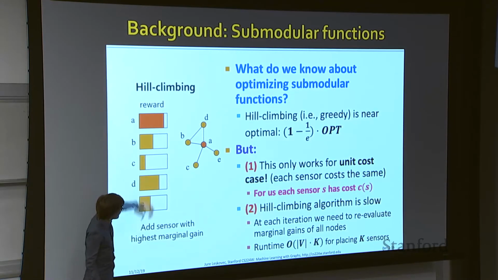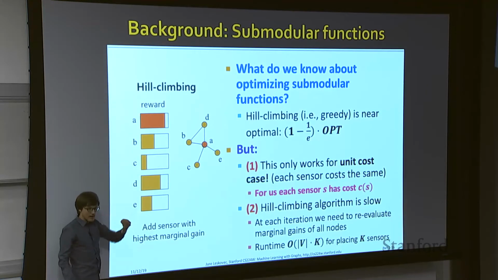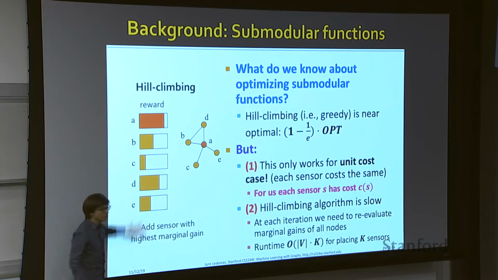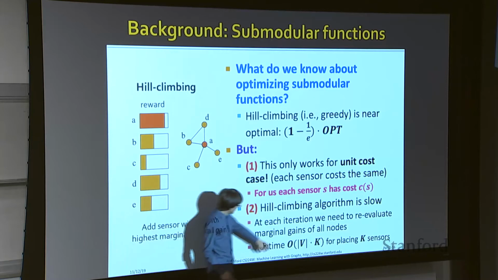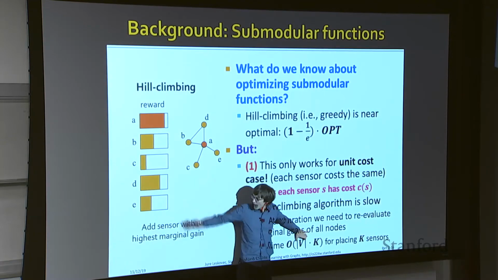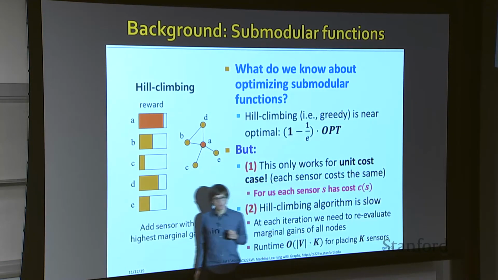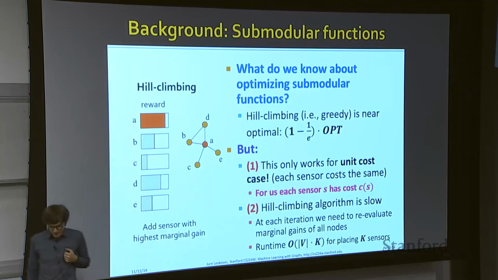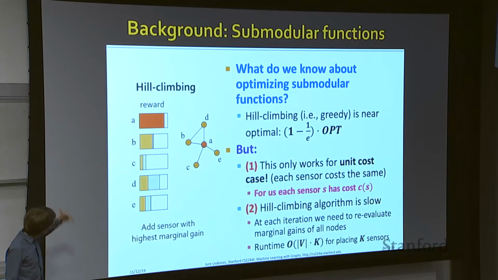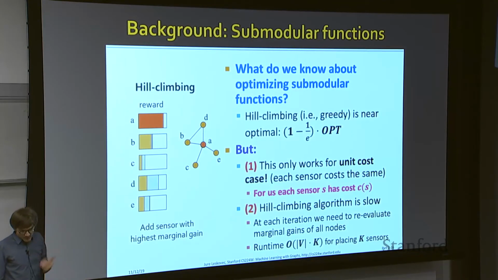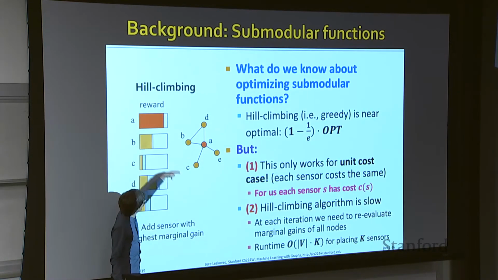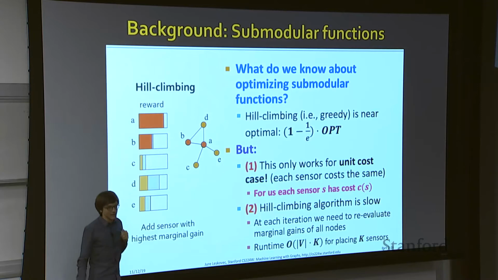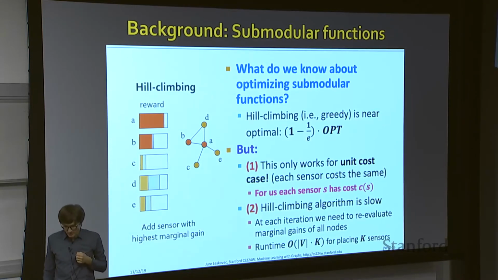So whenever I want to place a new sensor, I have to redo basically the entire work again. That's why this is the number of possible locations times the number of sensors I place. This can be quite expensive, because I have to reevaluate each one again to select the best one, which would be this one, place it, and again reevaluate everything. Okay, so this is slow.